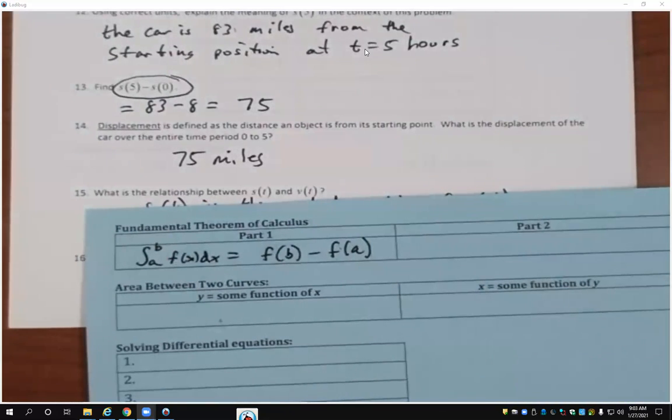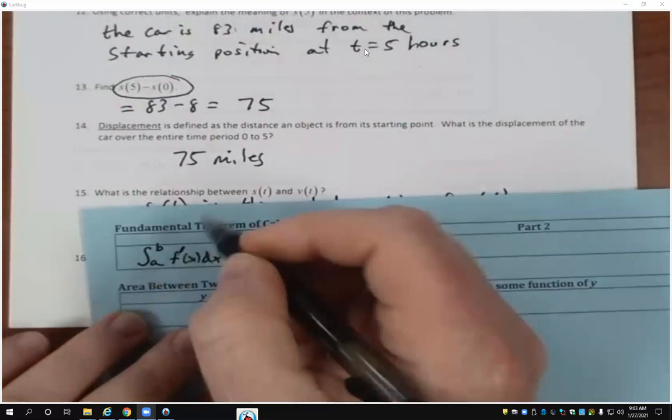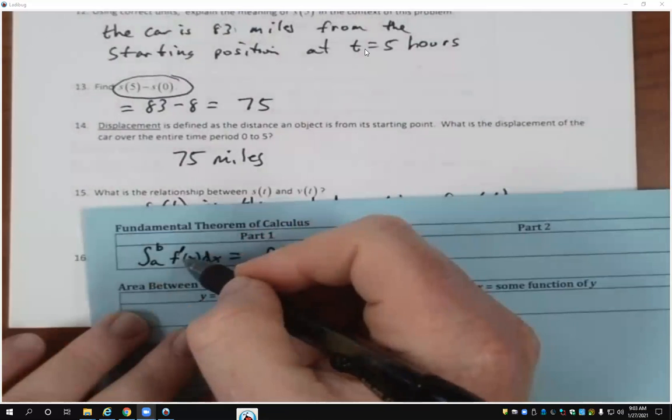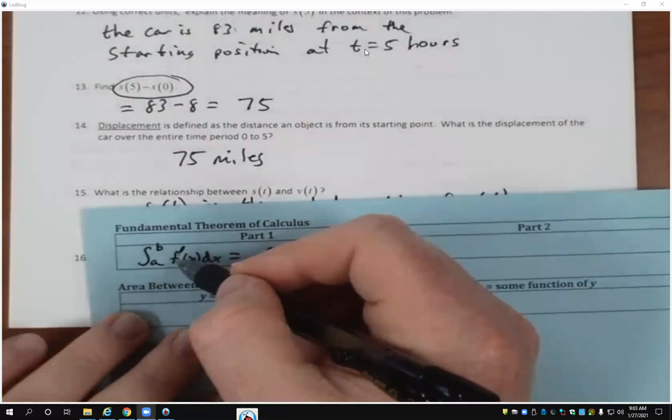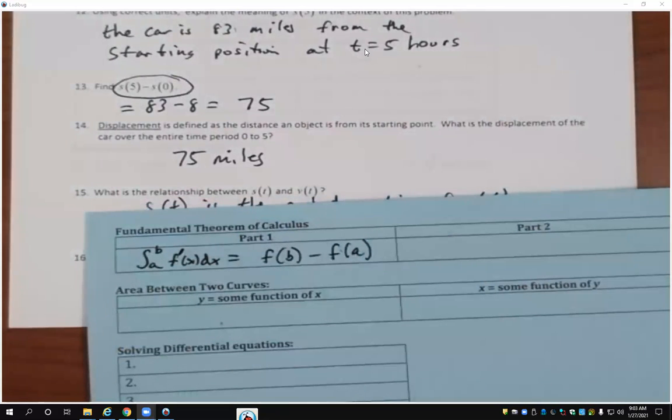I'm sorry, this should be f prime. Because that's going to be like our velocity. So the antiderivative of velocity is going to be the position function. And that's just one application of this whole thing, but it's the one that we use a lot.